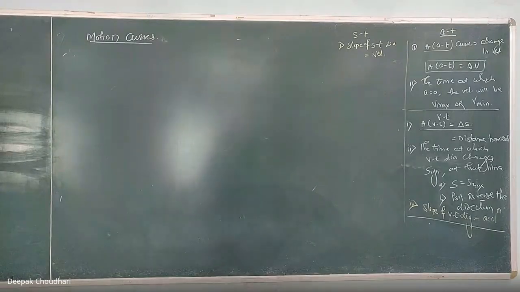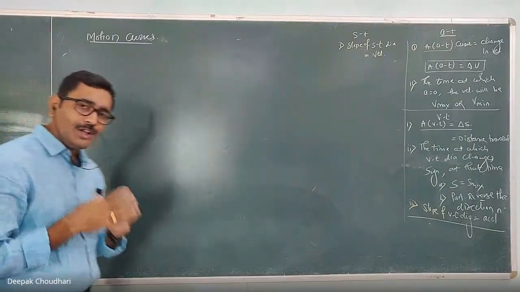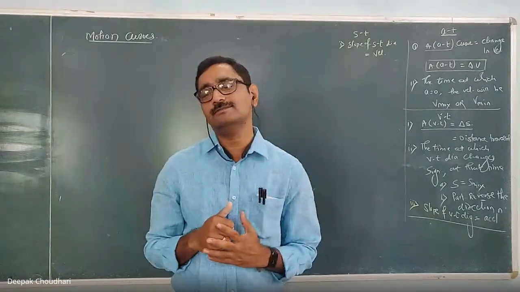Now most of the time in the question, any one out of these three curves is given, and you have to plot the remaining two. Now, whenever such a question is there, what I am suggesting, plot all the three curves one below another.